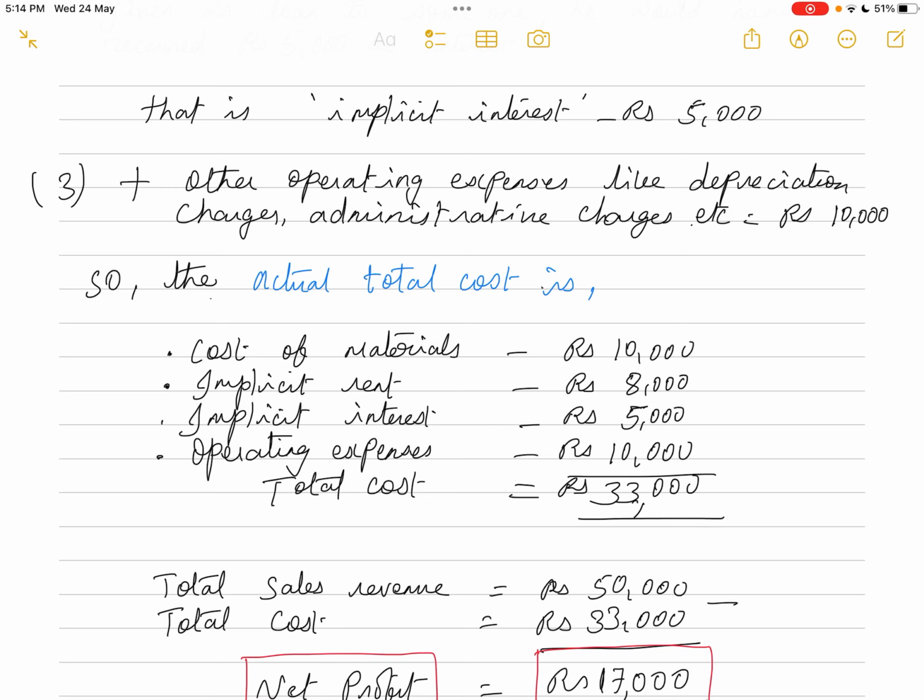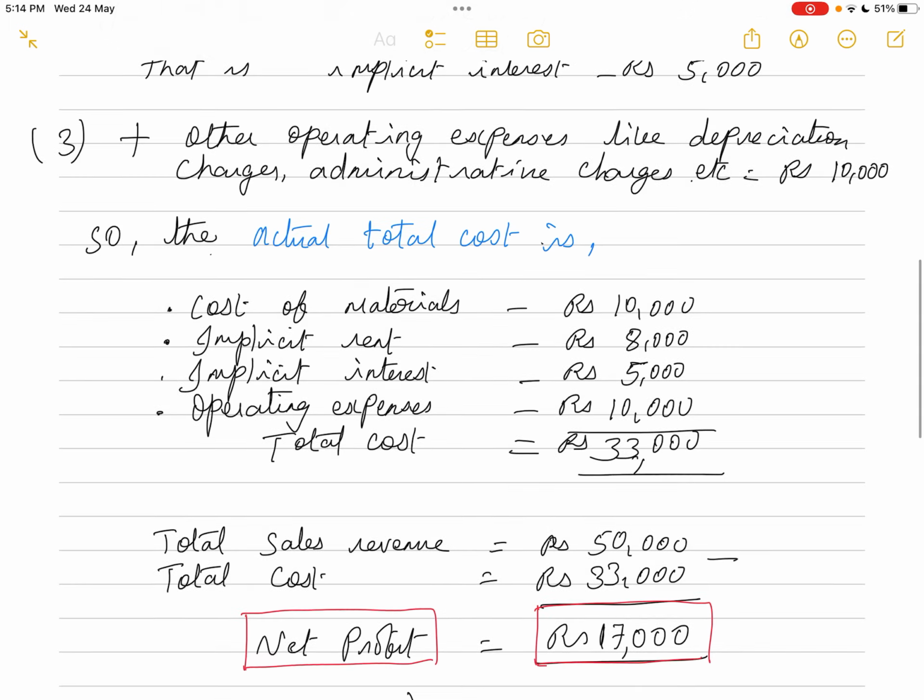Implicit rent is 8,000, interest is 5,000, operating expenses is 10,000. Now what is the total cost? 33,000. So the actual total cost is not 10,000, it is rupees 33,000.